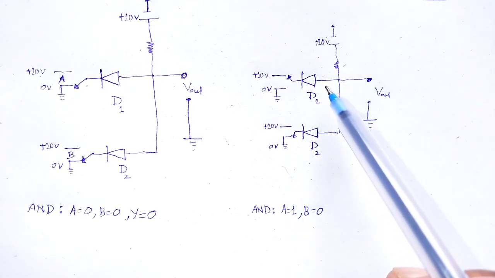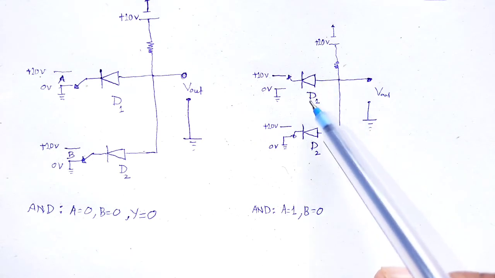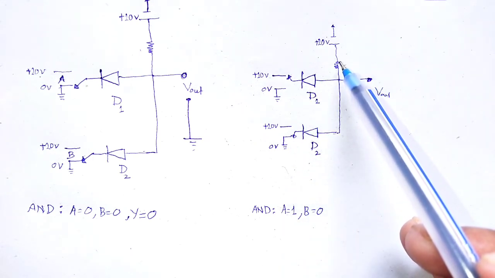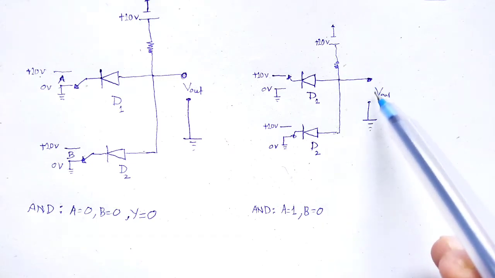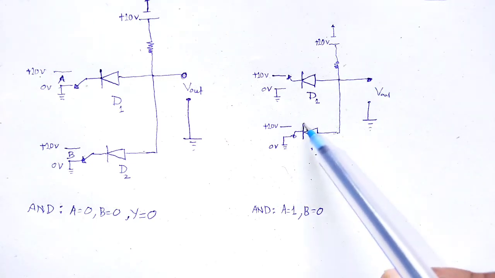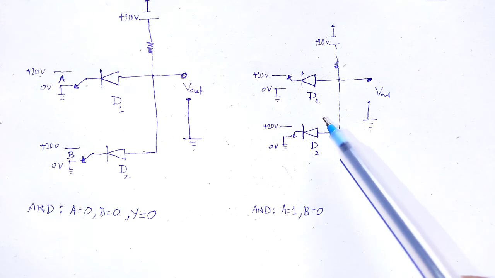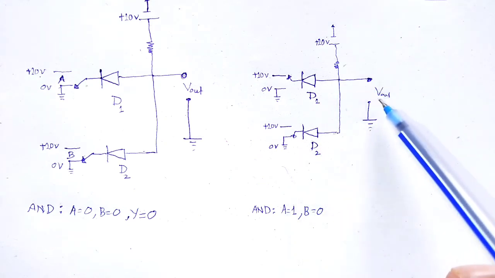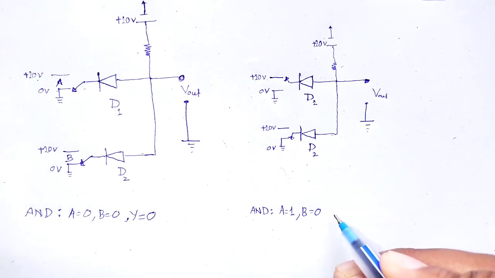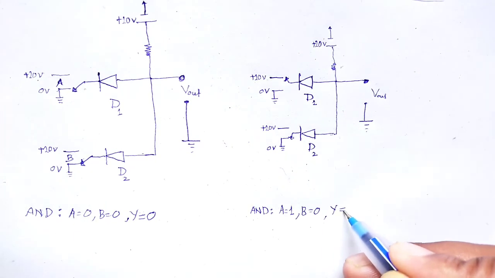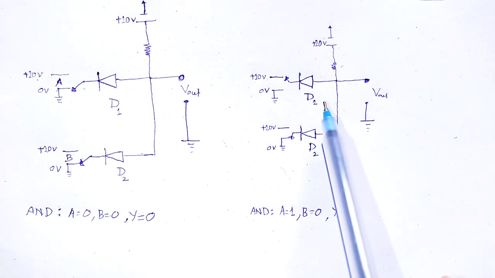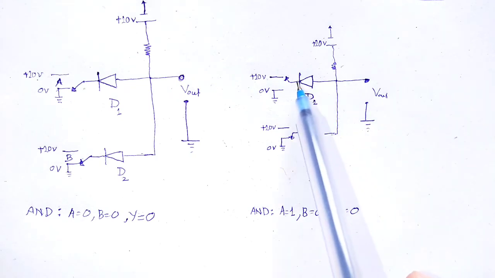The circuit is completed with D2 and R through that of ground, hence D2 conducts and it is grounded, then the output voltage becomes 0, here Y will be 0.